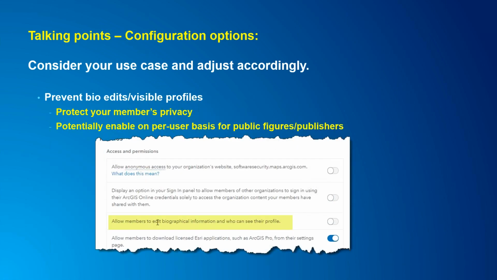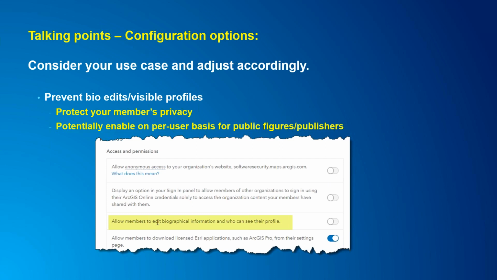Our next topic is about disabling the ability for members to edit some of the biographical information and who can see your profile. This type of option helps to protect your members' privacy, and again, from sharing information not just in the data sets that you're sharing, but also in their own user profiles, where they're identifying themselves personally as members of your organization. Again, this depends upon your use case.